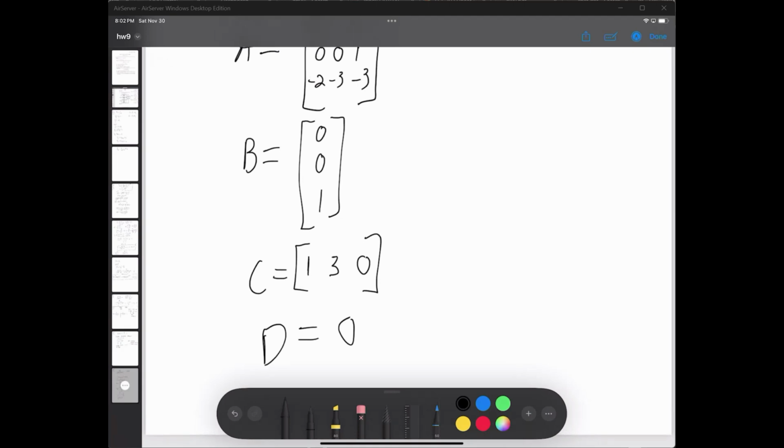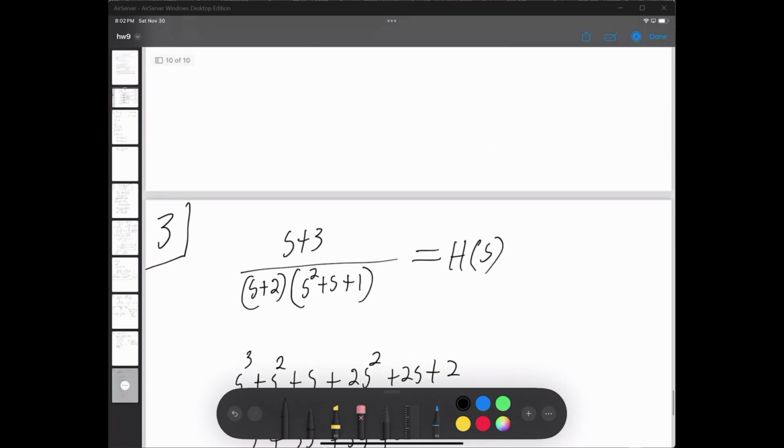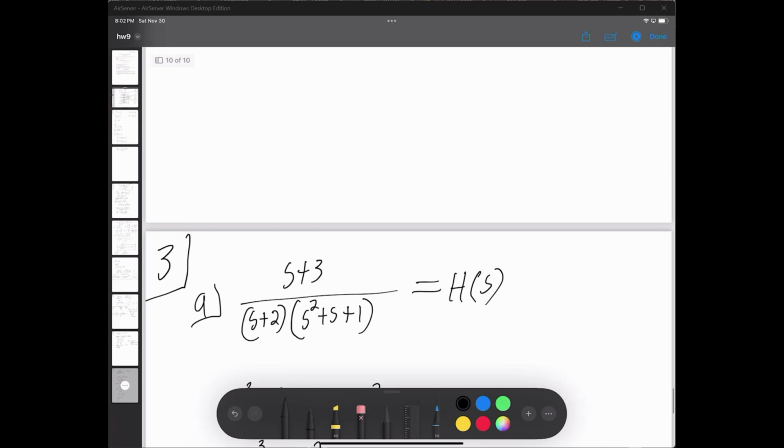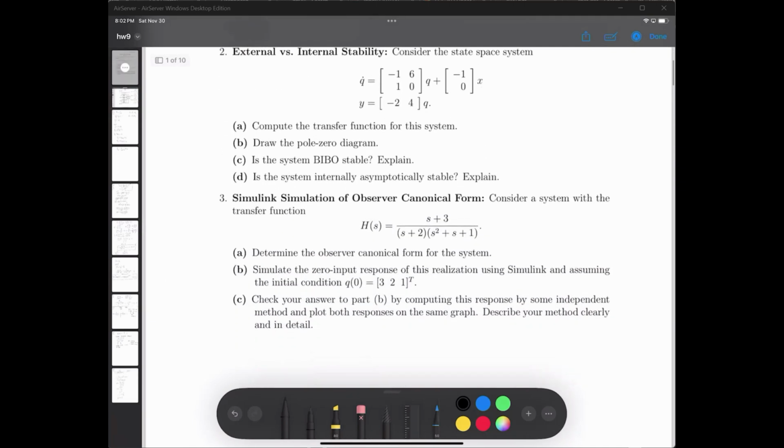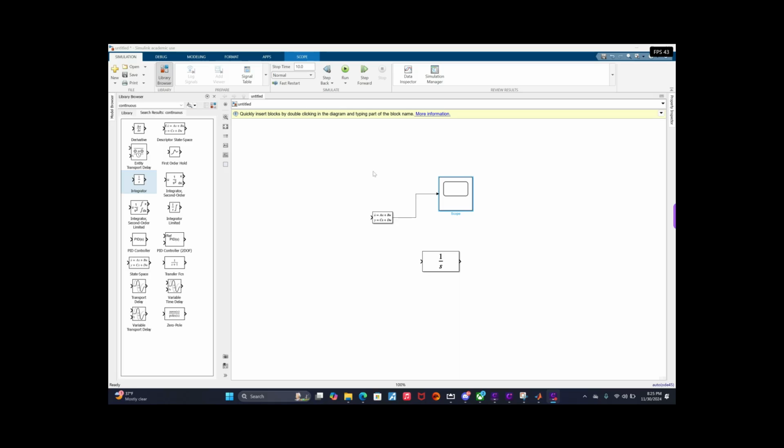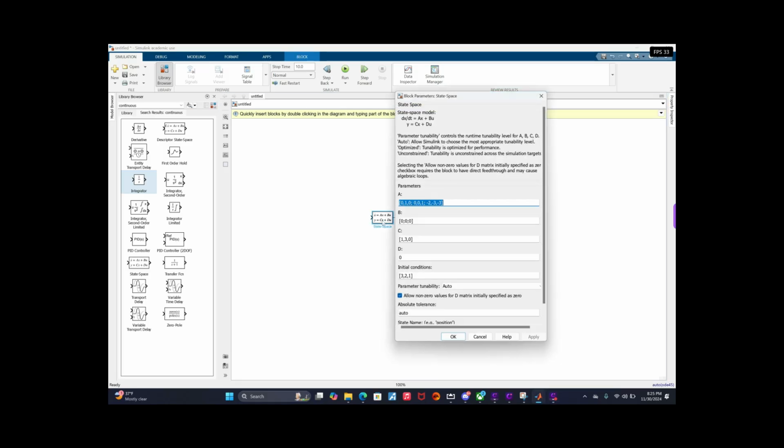And now we need to do part 3, part A. Now we need to simulate the zero input response of this realization using Simulink, assuming the initial condition is given. How do we do that? For this next part, you need to input what we had before into this box as shown.